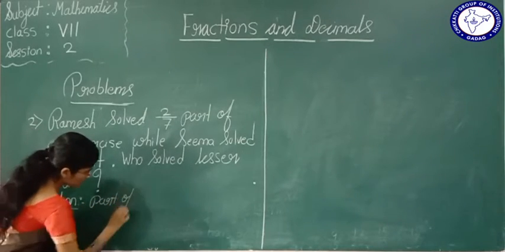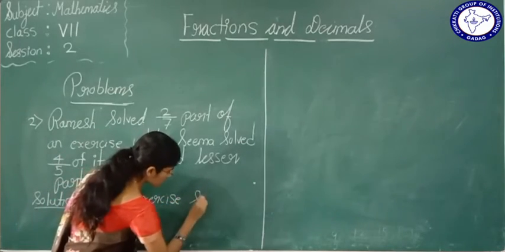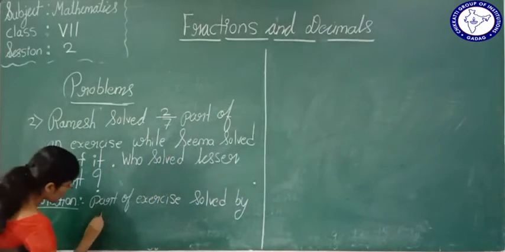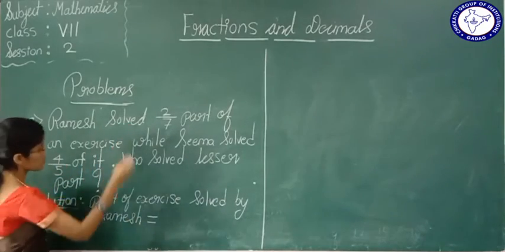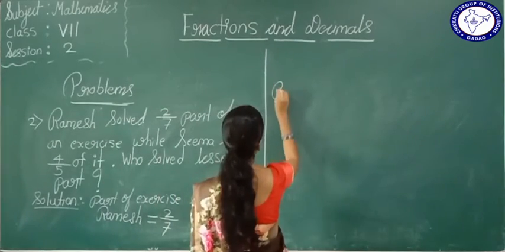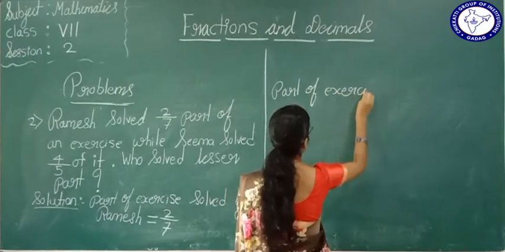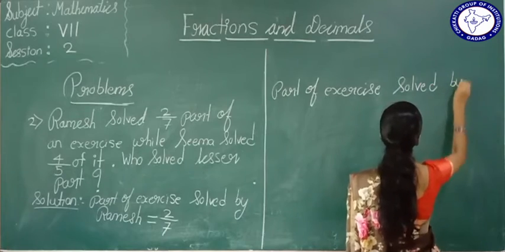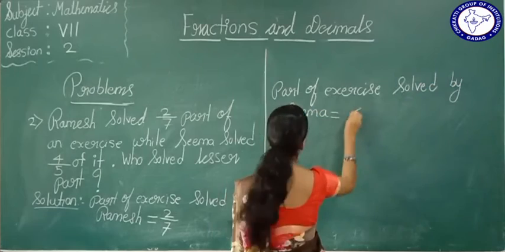Part of the exercise solved by Ramesh is how much? 2 by 7. Okay. Part of the exercise solved by Seema is equal to 4 by 5.